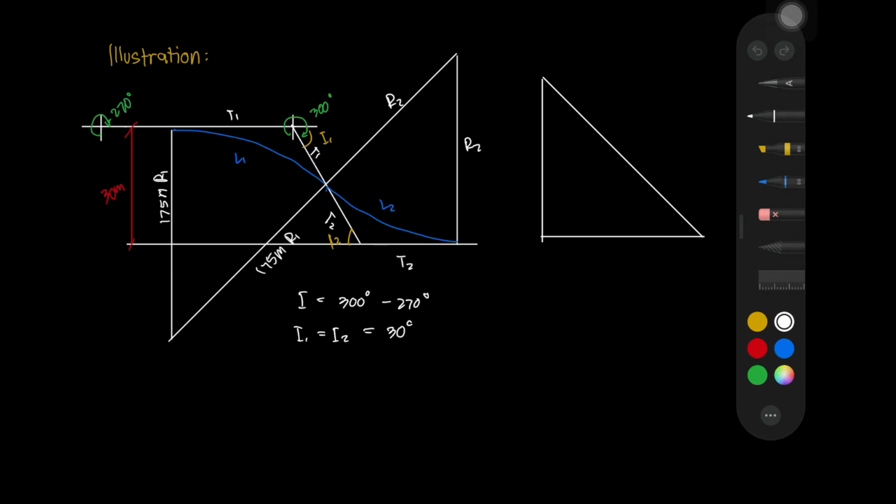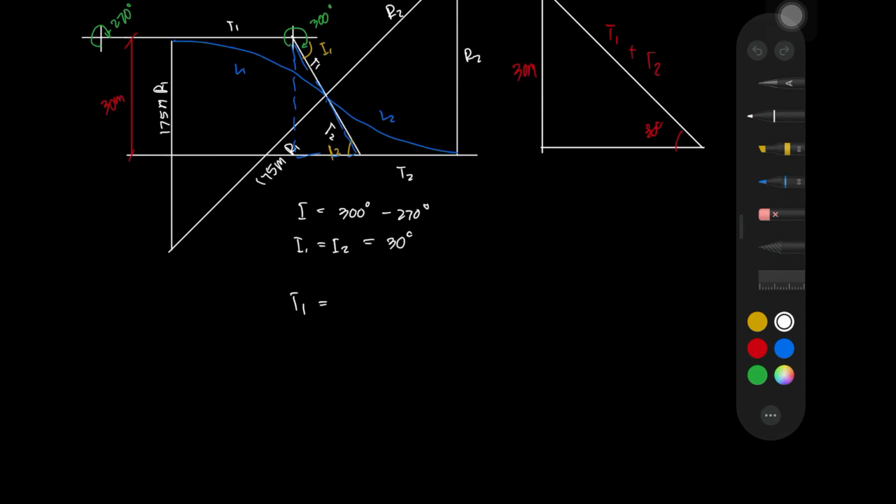From the illustration, we can actually draw out a triangle. As you can see right here, we can draw a triangle. So let's draw that one right here. Okay, so we have 30 meters here, 30 degrees, and our hypotenuse T1 plus T2. Now we can already get T1 since we have R1 given from the problem.